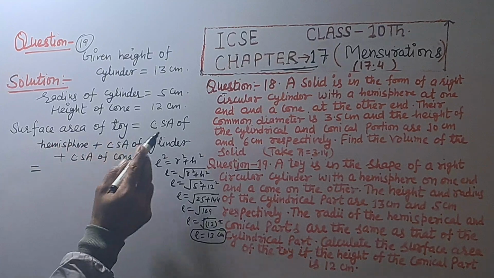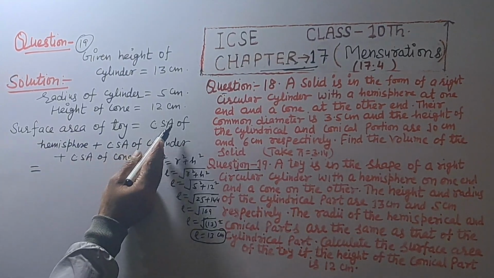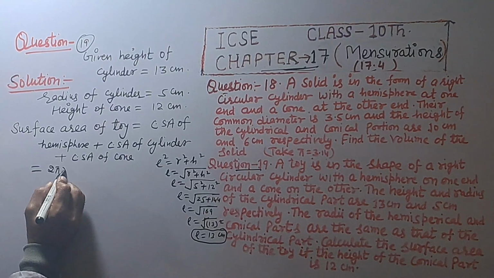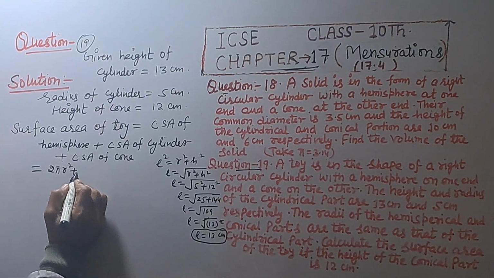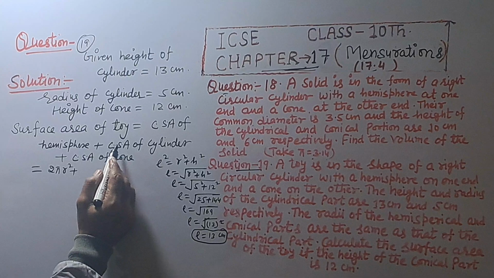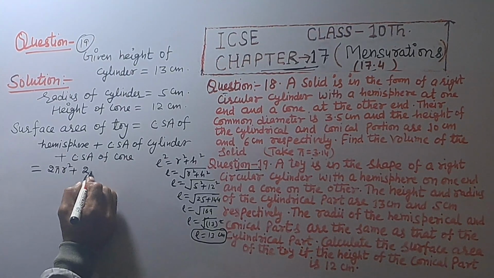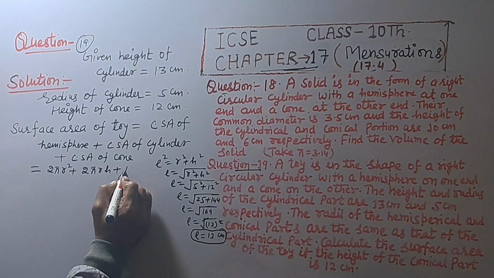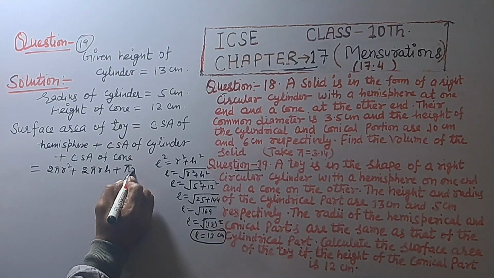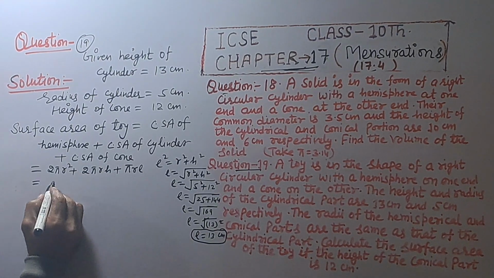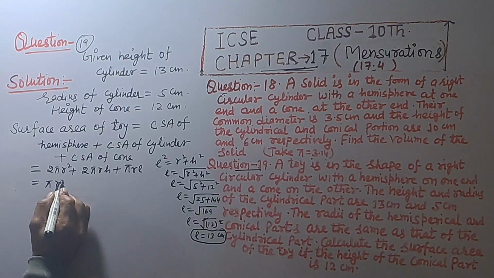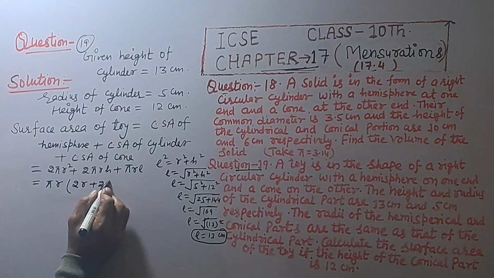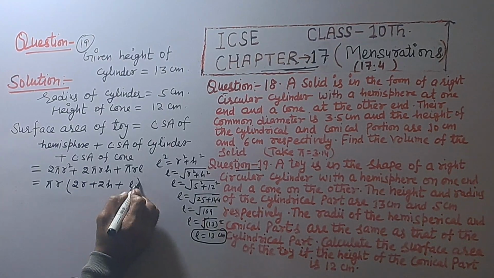And the surface area of the toy is the curved surface area of the hemisphere, that is 2 pi r square, plus the curved surface area of the cylinder, 2 pi r h, plus the curved surface area of the cone, pi r l. Pi r is common: pi r into (2r plus 2h plus l).